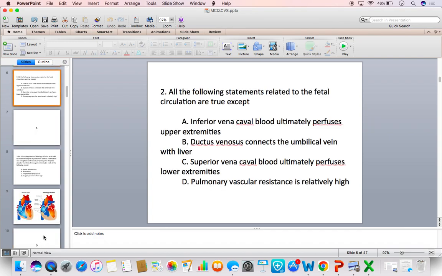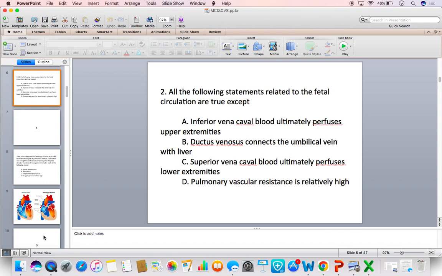Then coming to the next question. Look at this. All the following statements related to the fetal circulation are true except. So it is a question on the fetal circulation. If you know about the fetal circulation, it is very easy to answer the question.